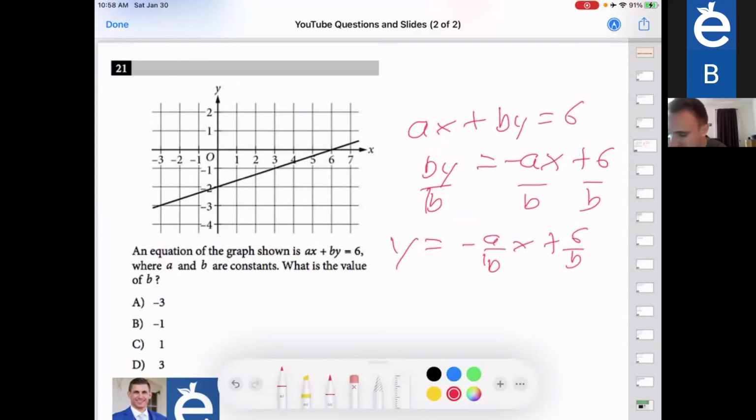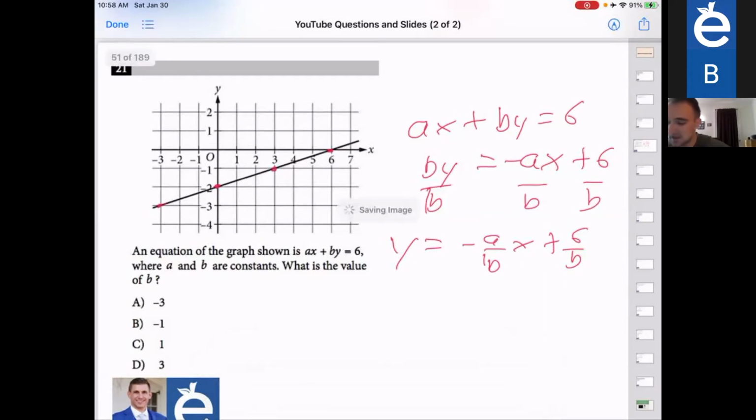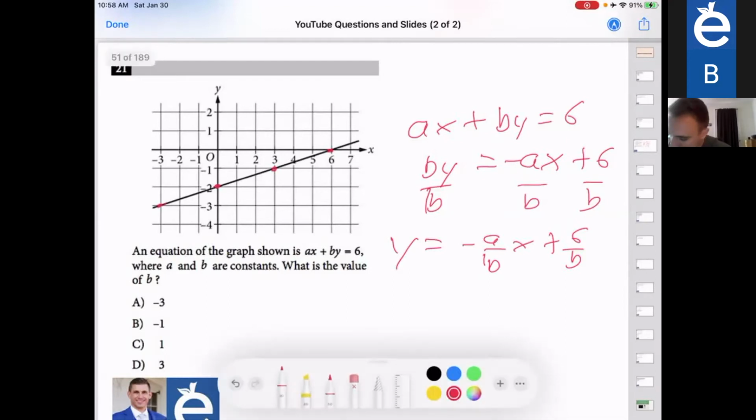So given my graph here, I can see that I clearly intersect some points. I intersect here, here, and here. So if I look at this, I can see right here that this point is my y-intercept, right?